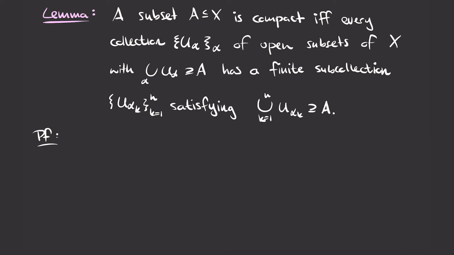So the first direction we'll prove is left to right, which assumes that we have a subset which is compact in the sense of our original definition, and then we have to show this second condition. So we suppose that A is compact in the sense of our original definition, which was as a subspace.